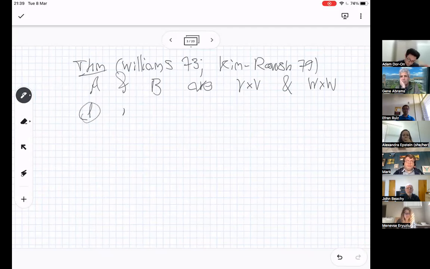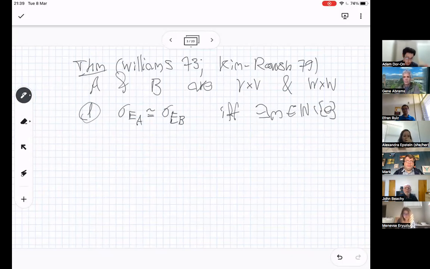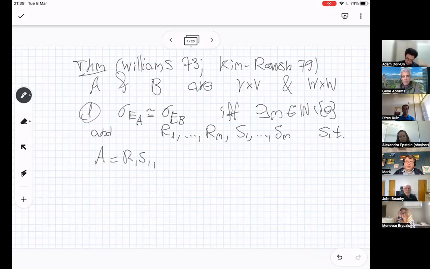So one, the subshifts that they define are conjugate if and only if there exists some m, a natural number, perhaps not zero, which is sometimes called the lag, and rectangular matrices R1 up to Rm, S1 up to Sm, with entries in the natural numbers such that A is equal to R1 S1, S1 R1 is R2 S2, and so on and so forth.